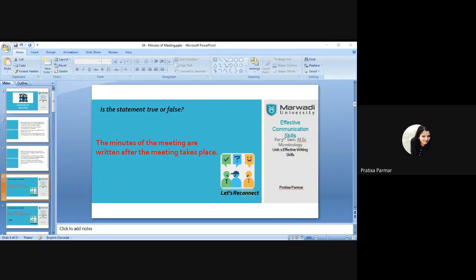Remember, the agenda of the meeting you're supposed to prepare before the meeting, and the minutes of the meeting you're supposed to maintain after the meeting. In between the meeting, it is a good habit that you keep a diary and pen with you and note down some of the important things. I believe the instruction is clear to all.